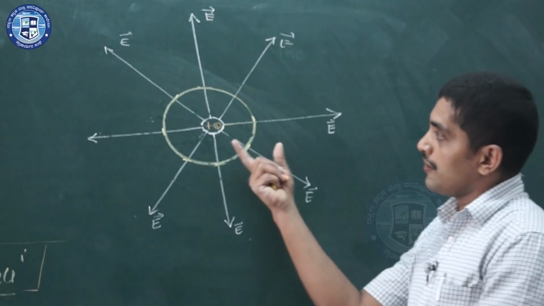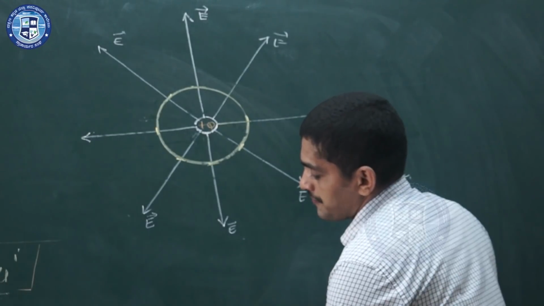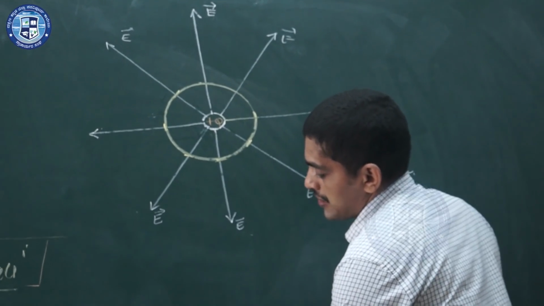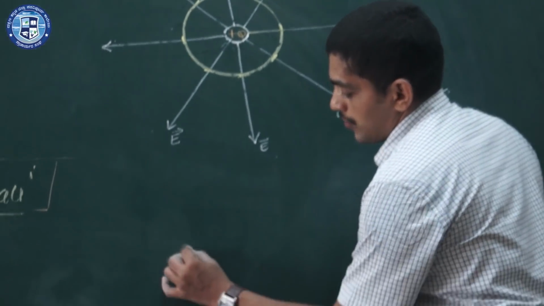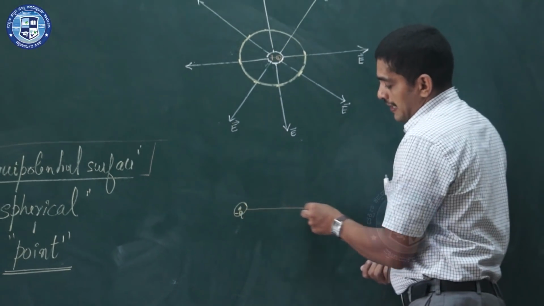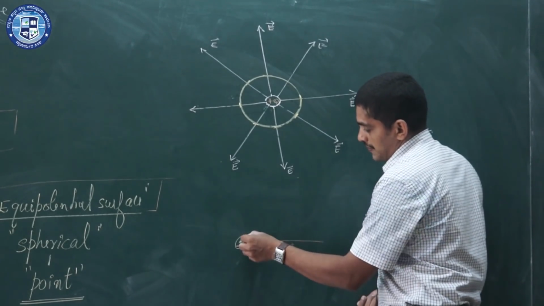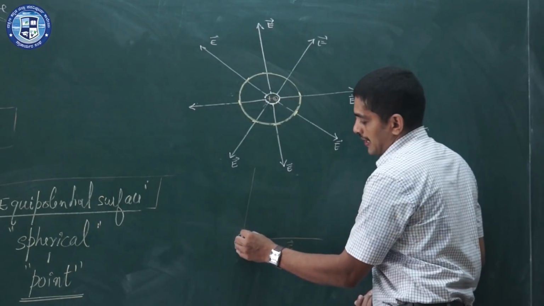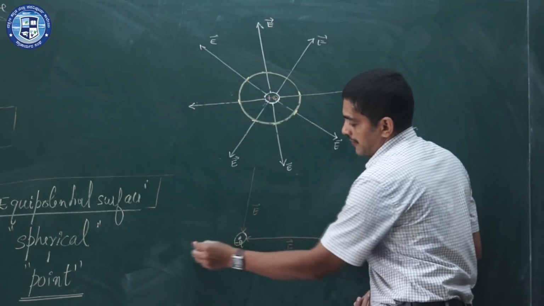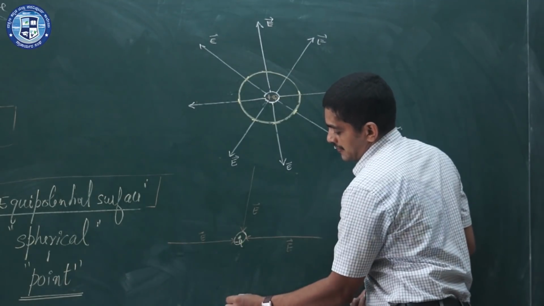You can think of this positive charge, or else a negative charge, say minus q, wherein we take the electric field lines radially inward instead of outward.